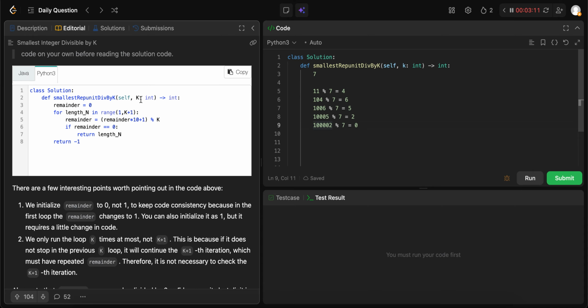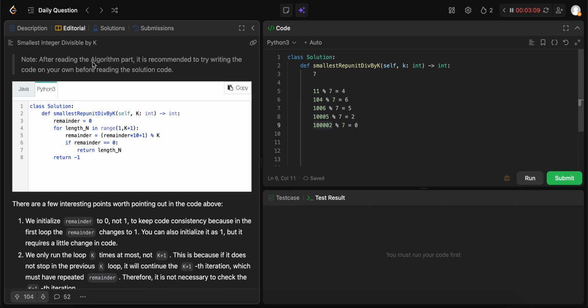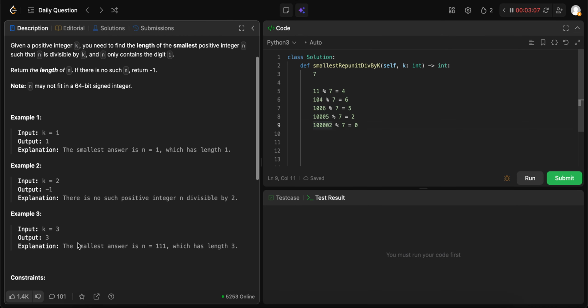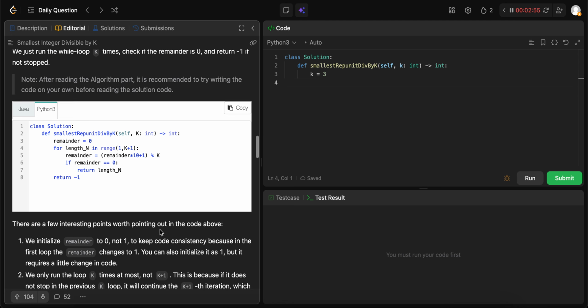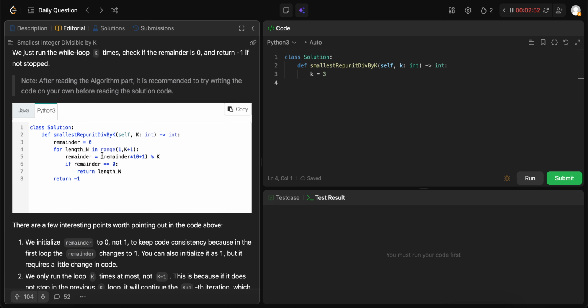So remainder starts, let's run through an example, I suppose. Let's use k is 3. It's not clocking to me. Okay, so the remainder is set to 0 for length n in a range 1 to 4. So it's going to do 1, 2, and 3. So 3 iterations.